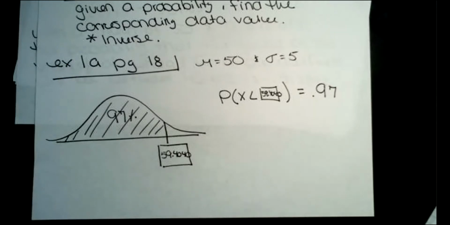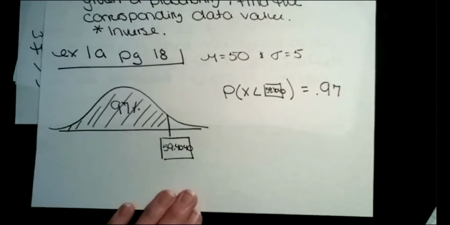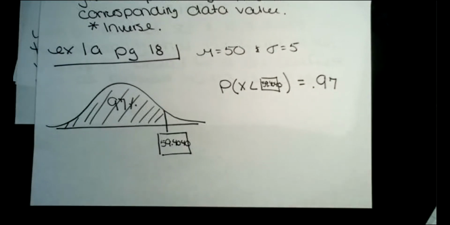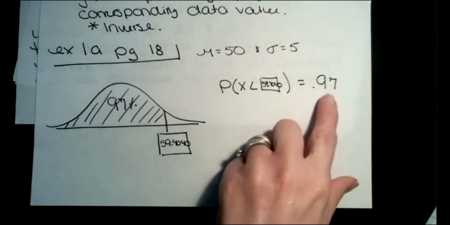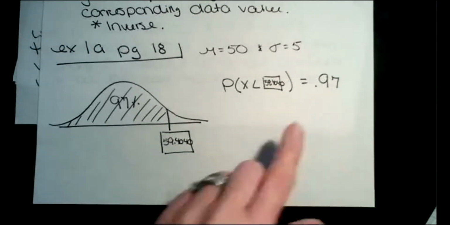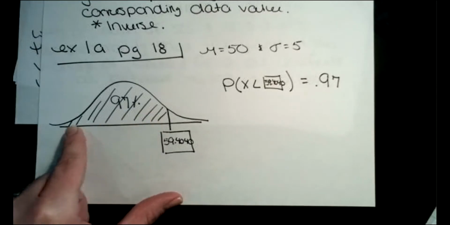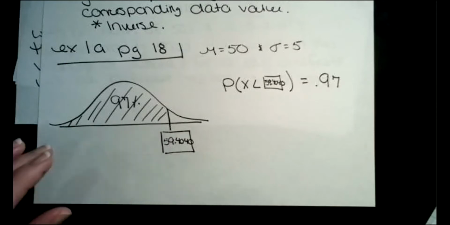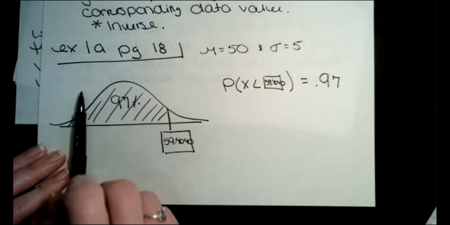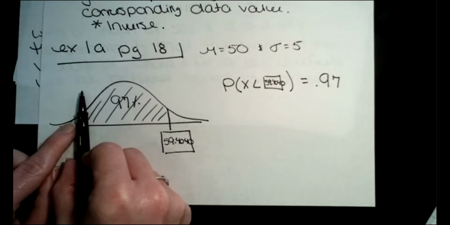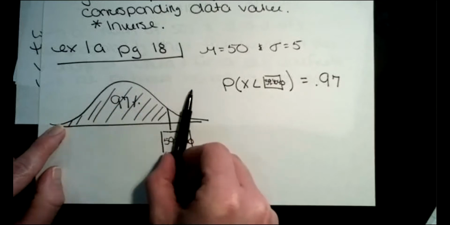Okay. And of course, we could put this into words as well. And you can write it a couple different ways. What I do a lot of times with these is I refer to it as the percentile, like I just said. So this is the 97th percentile because 97 is below. If the question asked about the other way around, like 97 above, that would mean that you would have 3% down here in this little tail, right? 97 would be above.